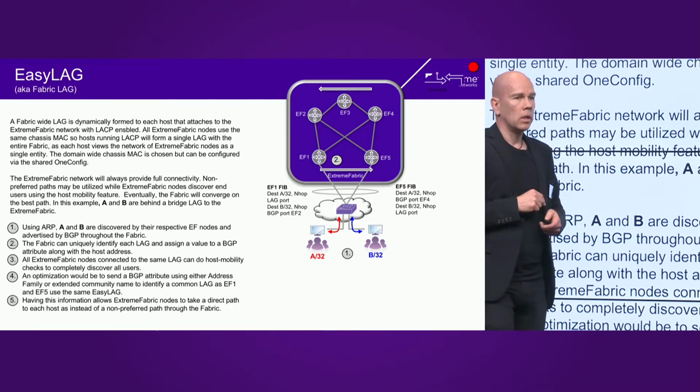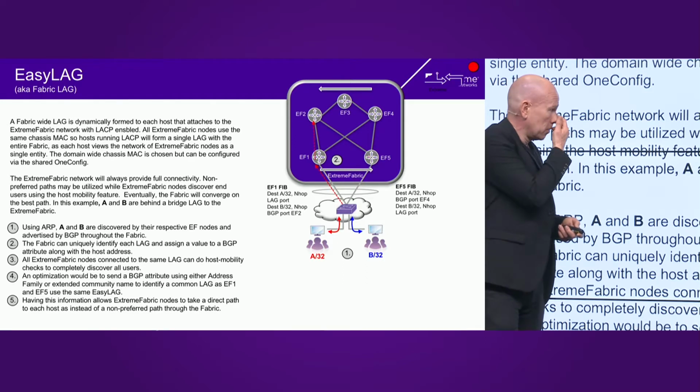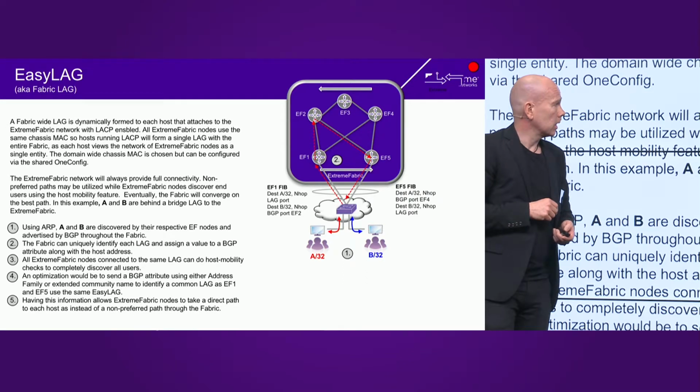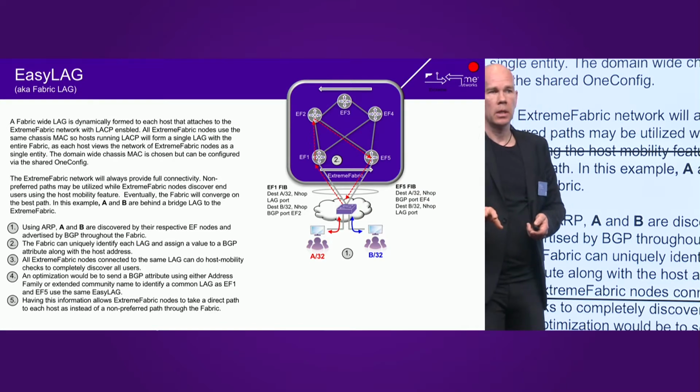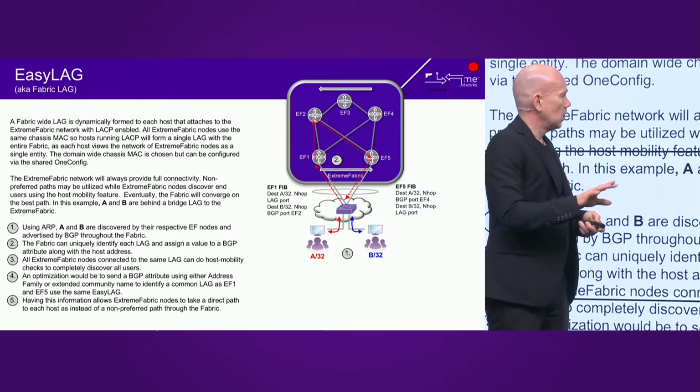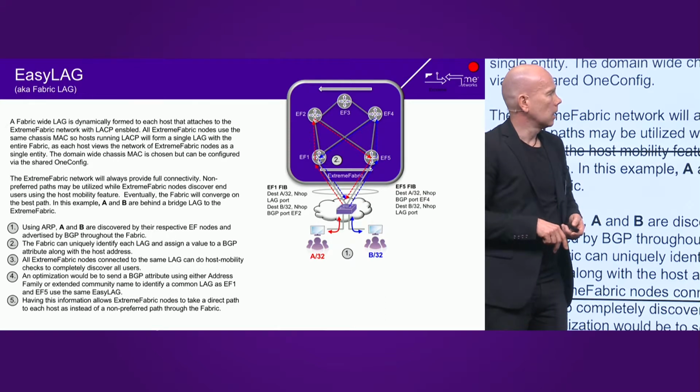Obviously, the fabric can uniquely identify each LAG, as I went through, even if it looks like an MLAG construct. So that means that if A wants to talk to B, by default, from a BGP perspective, the path would be EF1, EF2, EF5. And if B wants to talk to A, the path would be EF5, EF4, EF1.